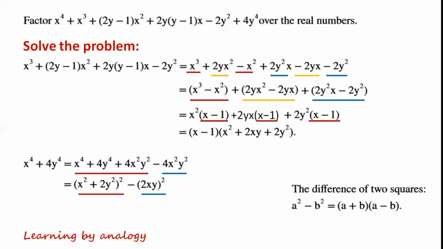The difference of two squares, a squared minus b squared, equals (a plus b) times (a minus b).